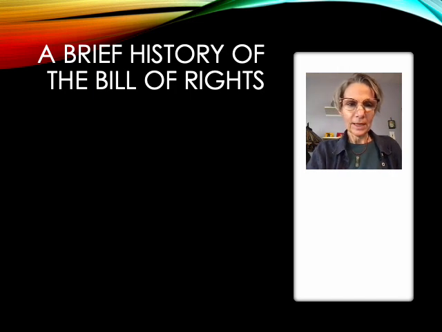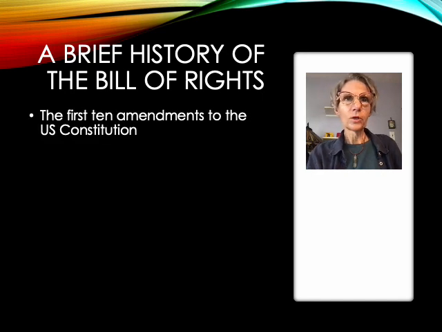Okay, so let's talk a little bit about the brief history of the Bill of Rights. As we know, the Bill of Rights is the first 10 amendments to the United States Constitution. You might be wondering, why are those amendments to the Constitution?